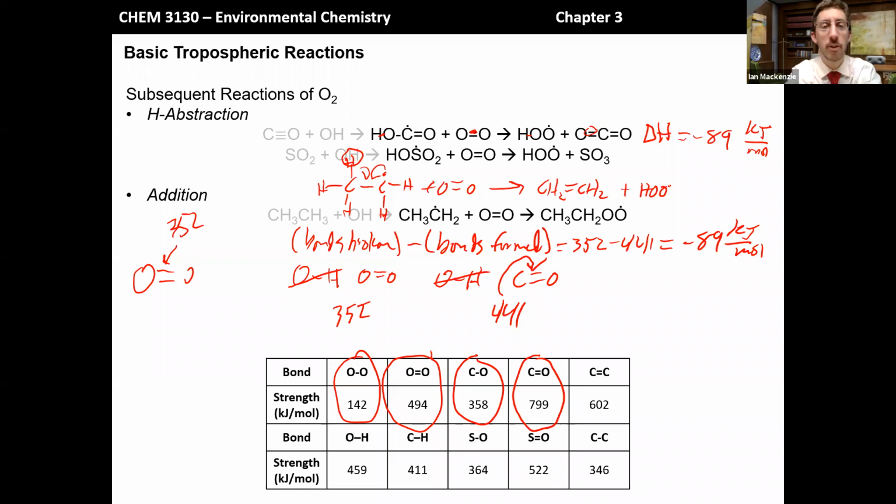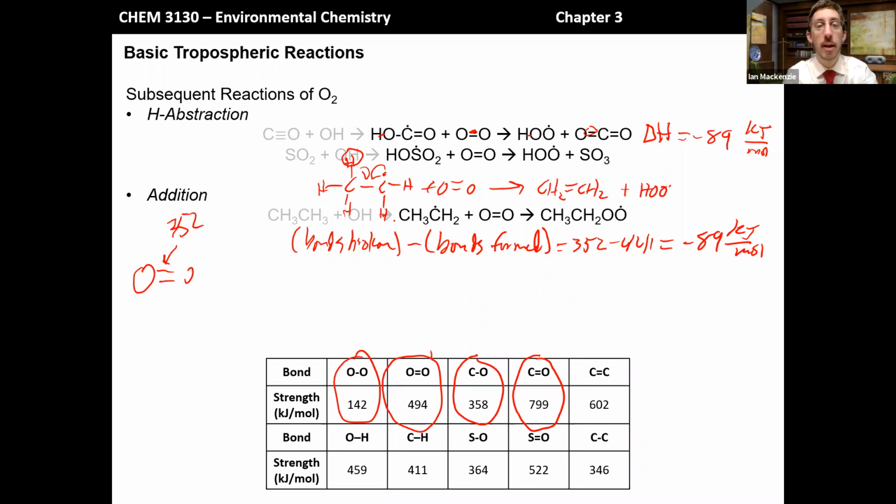So let's just do some analysis of that reaction, say, okay, well, what would happen in this case? Is that reaction favorable or not? And then we can compare it. We can do the same analysis with the addition reaction that's drawn and see which one's more favorable.